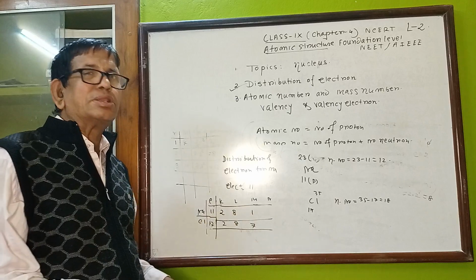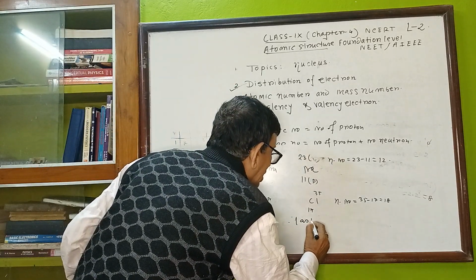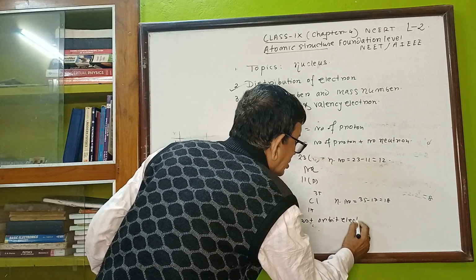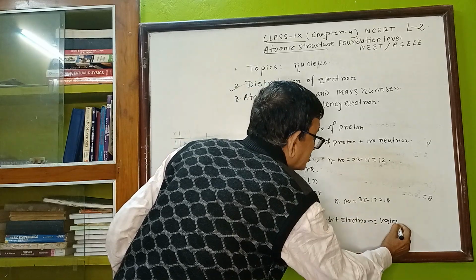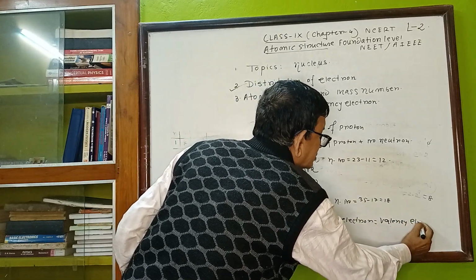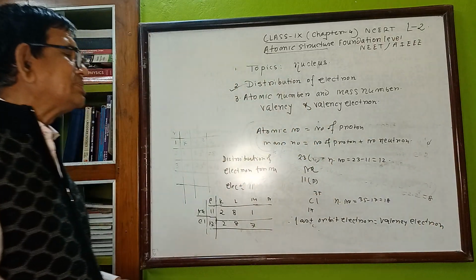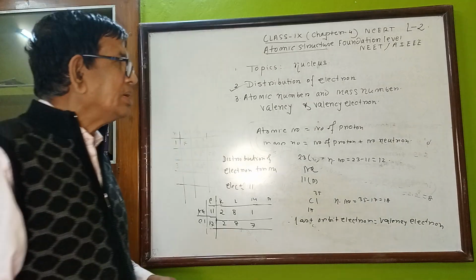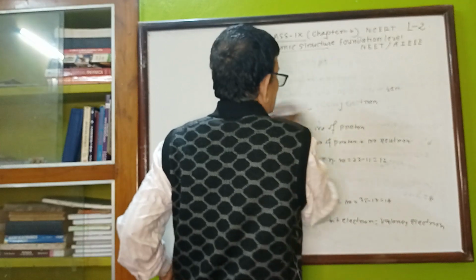Now the last orbit electron is equal to the valence electron. If the valence electron is within 1 to 4, that is also the valency. Again I am telling you, last orbit.